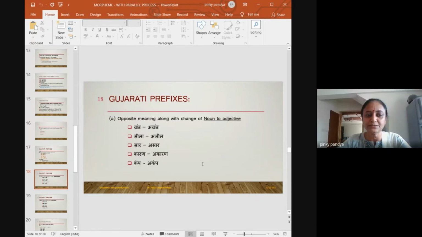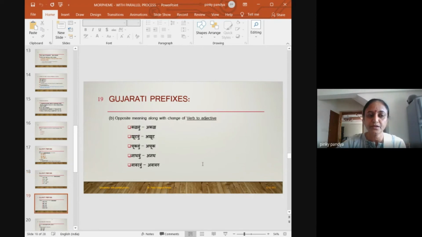And sima, asima, sara, asara, the same process: change of both meaning and part of speech. In this group, the same prefix a is there, but it changes verb to adjective. Kalvu is a verb, khutvu is a verb, chukvu is a verb, but the derived form is an adjective with opposite sense.